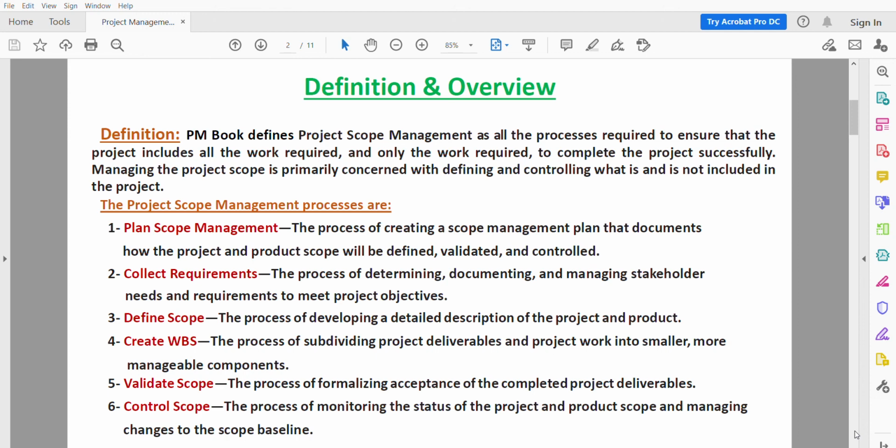Managing the project scope is primarily concerned with defining and controlling what is and what is not included in the project.